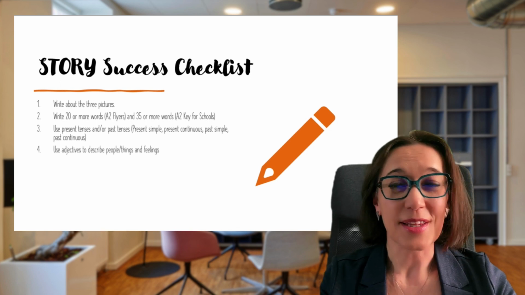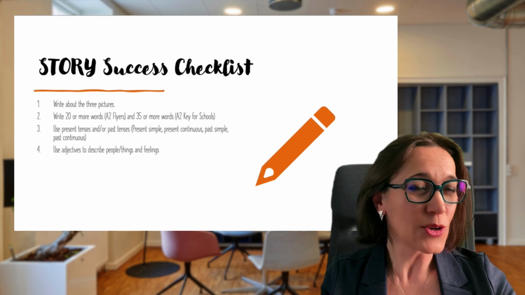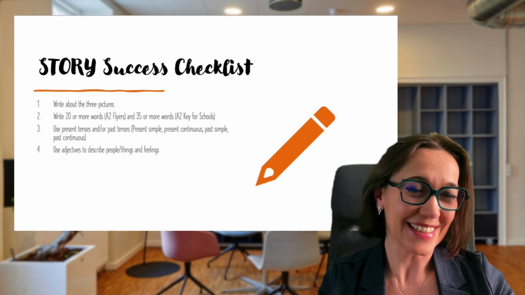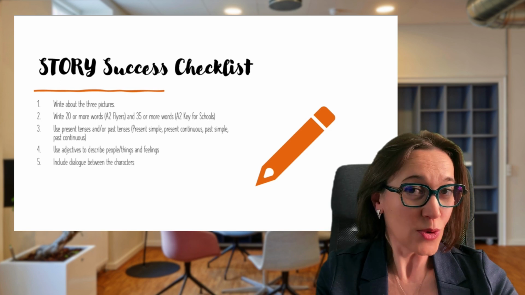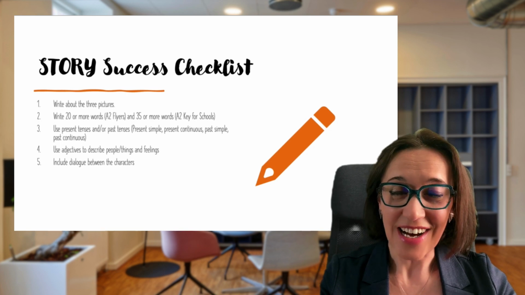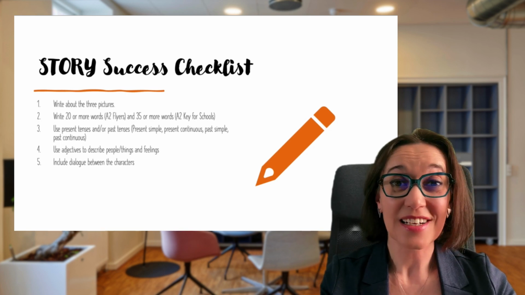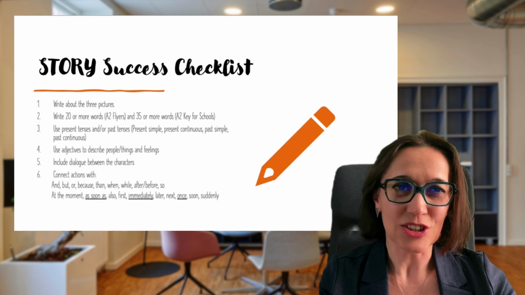Describe everything you see in the pictures. Use adjectives to make your story interesting. There are characters in any story, right? So let them talk, as dialogue makes stories come alive. Finally, connect it all.